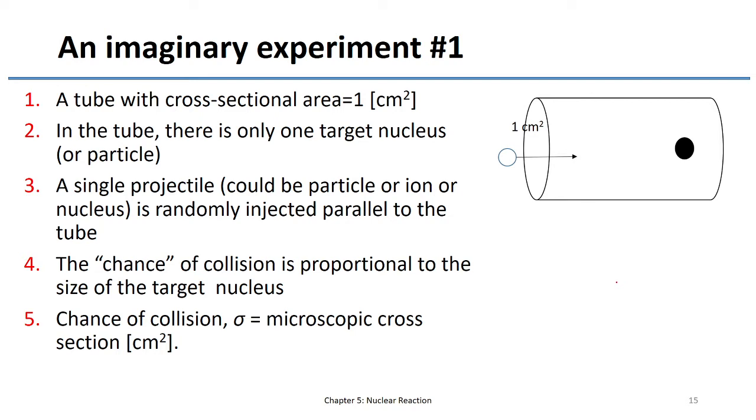So the projectile could be a particle or ion or nucleus, like I said just now. It is randomly injected parallel to the direction of the tube, or perpendicular to the cross-sectional area of the tube.